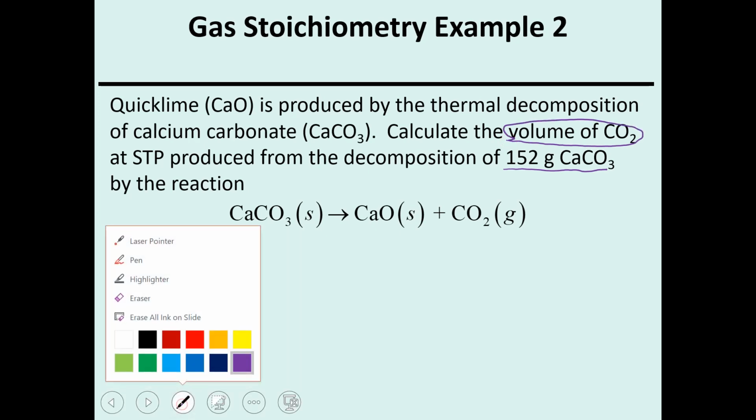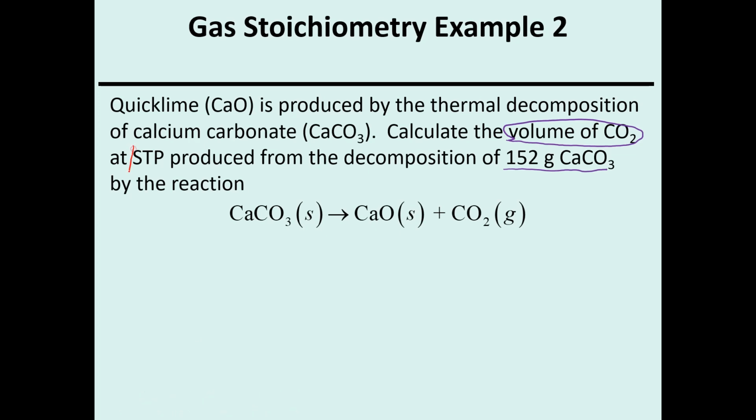Now, one thing to notice here is that we are at STP. So if you recall from an earlier video, STP is 1 atm and 273 Kelvin. So if we are at STP, we determine that 1 mole of gas has a volume of 22.4 liters.